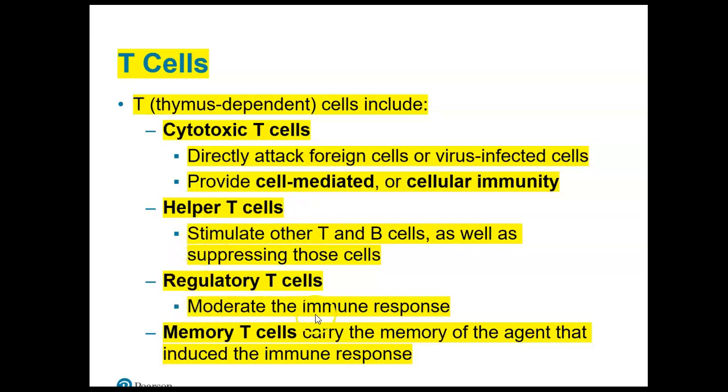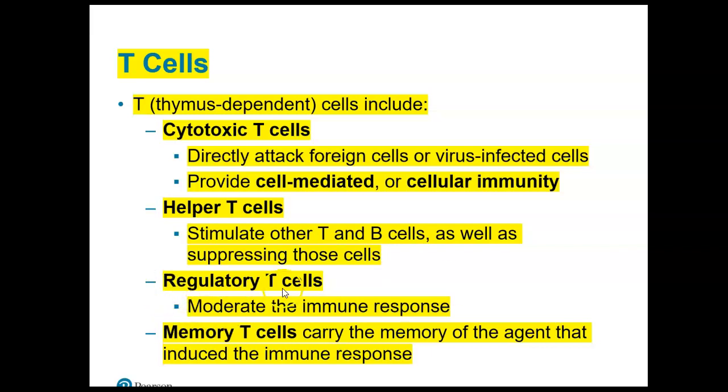Regulatory T cells will moderate the immune response because you do not want your immune system to be overactive. You want it to respond to the threat, but you don't want the cells of your immune system to keep on dividing and keep on producing chemicals and leading to the inflammatory response and all the redness and heat and swelling and pain that comes with that.